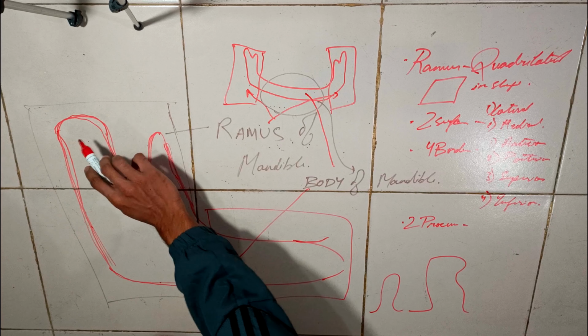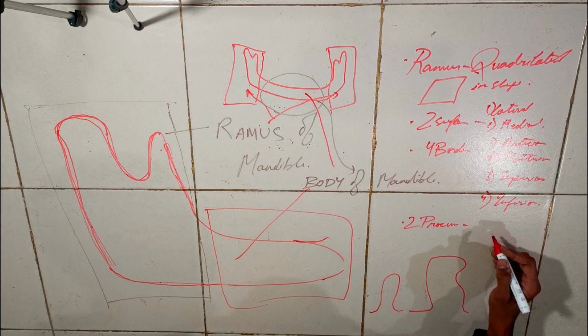So this and this both are processes. The anterior one is called the coronoid process, and the posterior one is called condylar process.